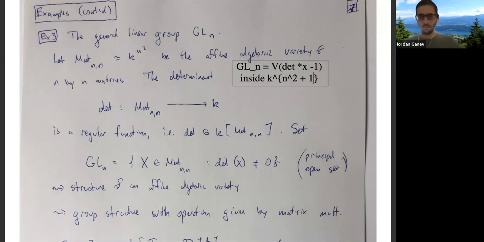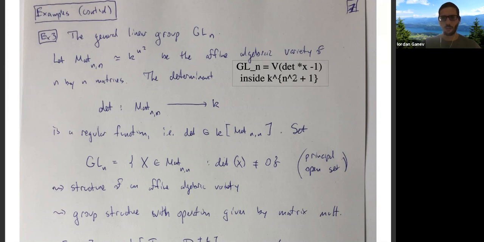Yeah, so k to the n squared plus 1, we think of that as a copy of n by n matrices and one more dimension, one more copy of k. And we have its algebra of regular functions. Those will be, first of all, the regular functions on the matrices, but then one more direct summand of k, of polynomials in one variable, functions on k.